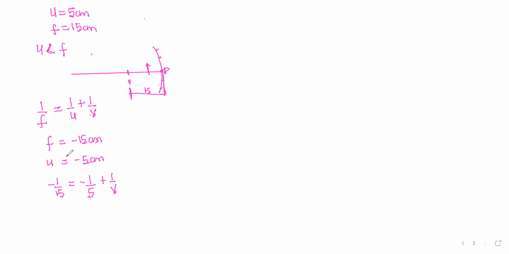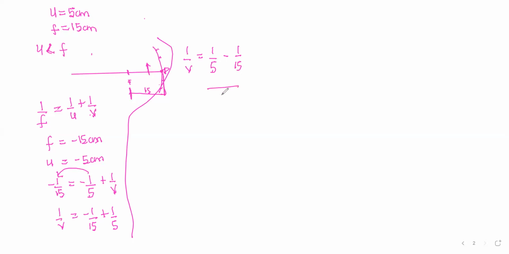So negative, negative. Some people may not see it this way. But when you just put in the values, then you can know that this must cross so that you can make 1 over V the subject. So 1 over V, therefore, would be negative 1 on 15 plus 1 on 5. It is always advisable to write your positive before the negative. So this is the same as 1 over 5 minus 1 over 15.